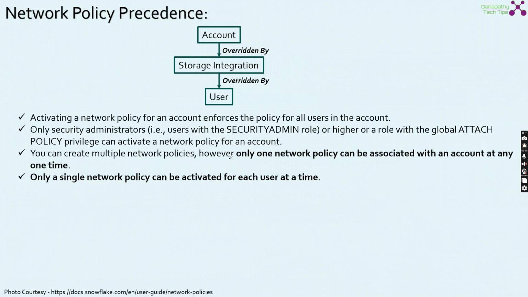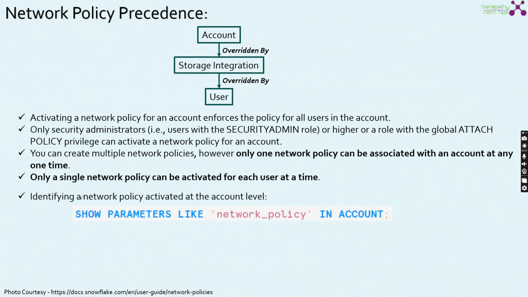You can create multiple network policies. However, only one network policy can be associated with the account at any one time. Meaning, for one account at any point in time, only one network policy can be attached. Only a single network policy can be attached to each user at a time. Again, the same logic applies: at one point in time, only one network policy can be attached to a user as well.